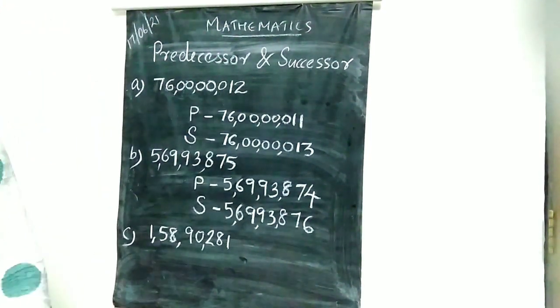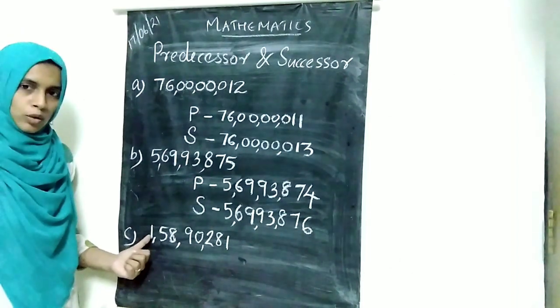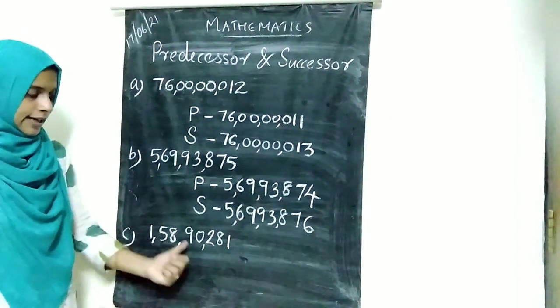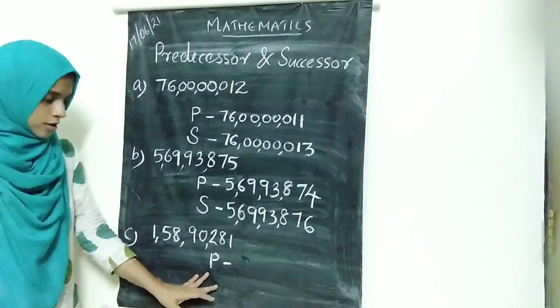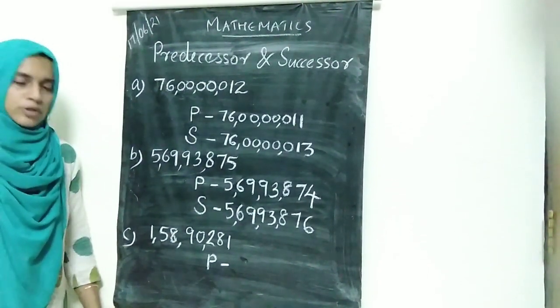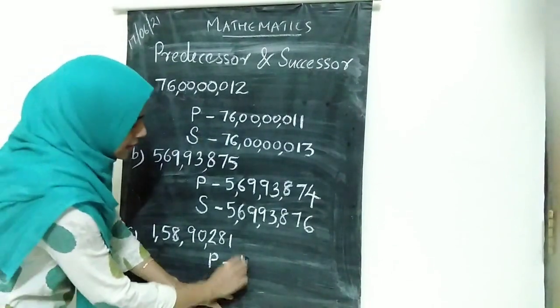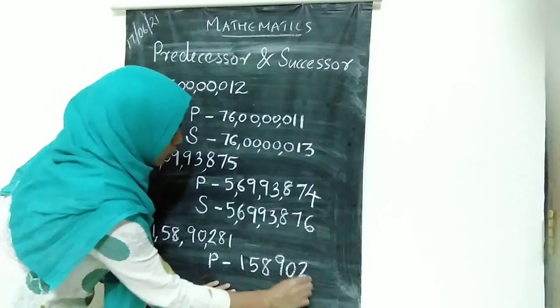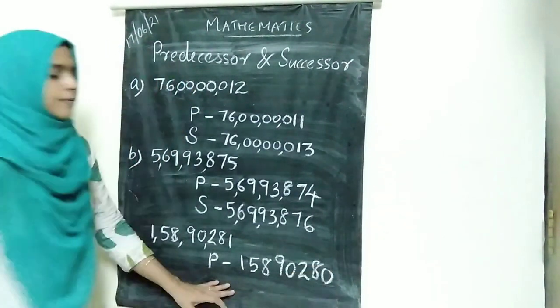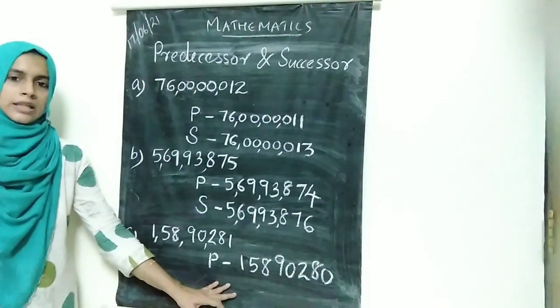Write this. Next question: 1 crore 58 lakh 90,281. Predecessor means you have to subtract 1. So you get the answer as 1 crore 58 lakh 90,280.